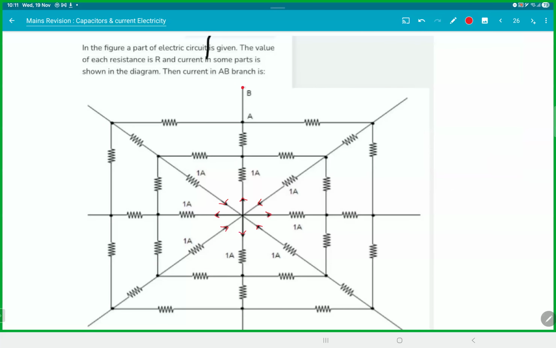The question is find the potential difference between A and B, and the current in the AB branch. Try. All resistances are equal, R.